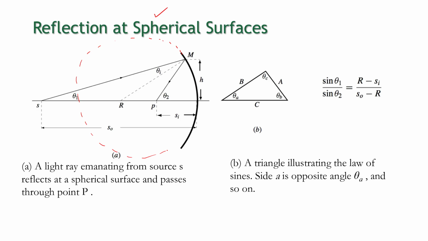That's not perfectly spherical, but this R would be the center, and this distance would be the radius of that sphere, which is called the radius of curvature.